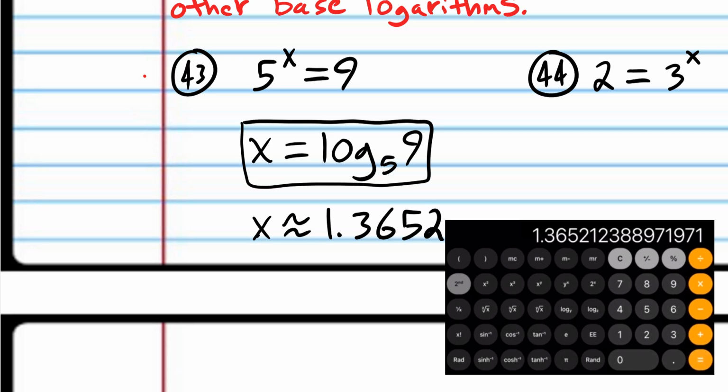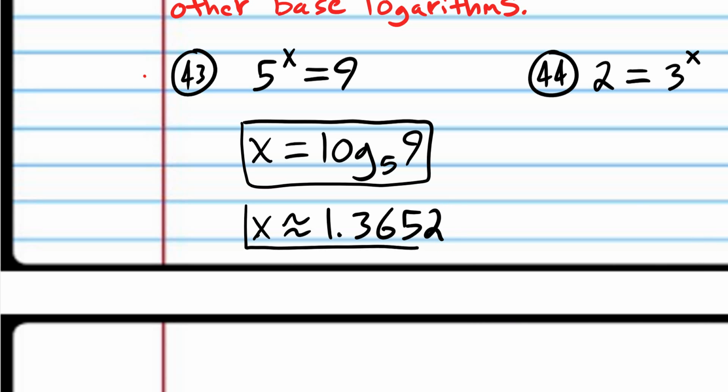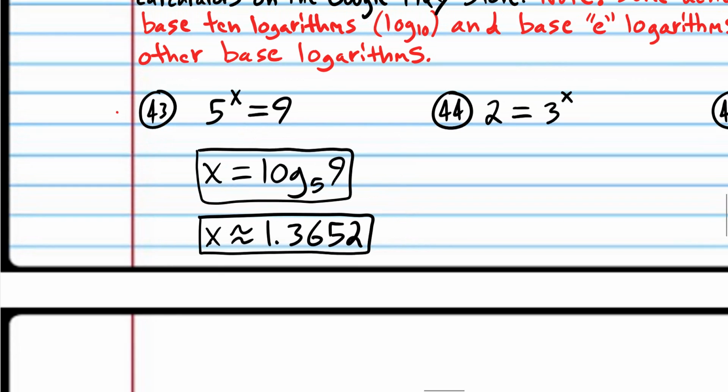We're rounding to the nearest 10,000th place, which is the 4th decimal. So there you go. That's an estimate there.